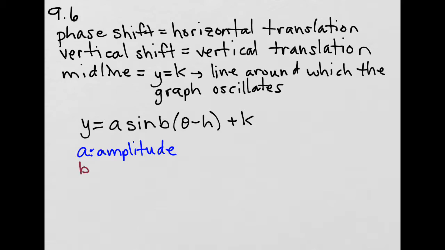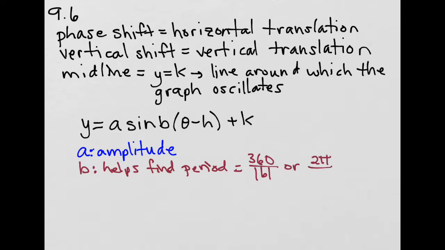B is going to help us find our period, and that period is going to equal 360 degrees over the absolute value of b, or 2 pi over the absolute value of b.